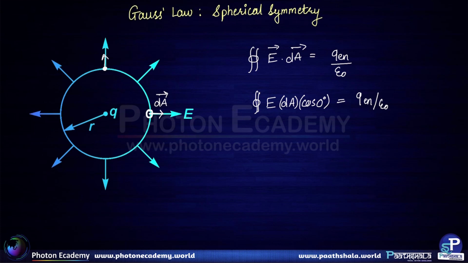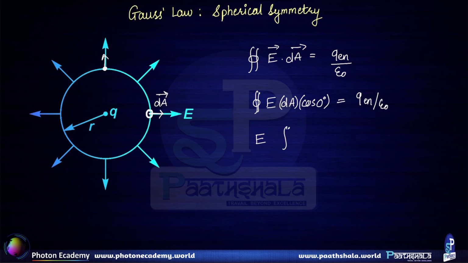Therefore, since E is constant in magnitude, we can take it out of the integral sign. Cos 0 is identically 1, and we just have integration of dA, which is nothing but the surface area of the sphere of radius r. That is equal to q enclosed, which is just the point charge q kept inside, divided by epsilon naught.